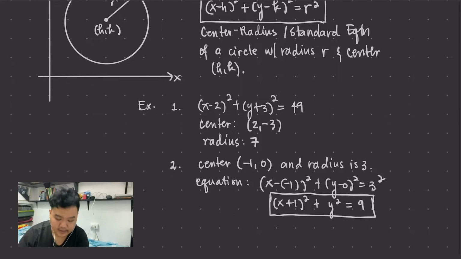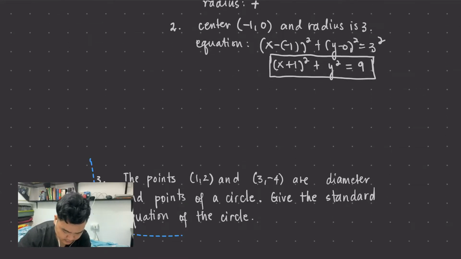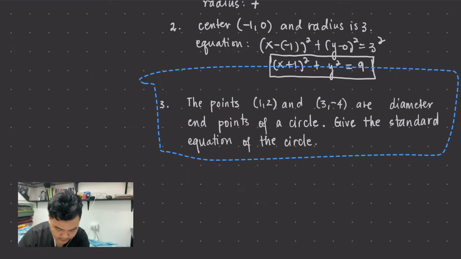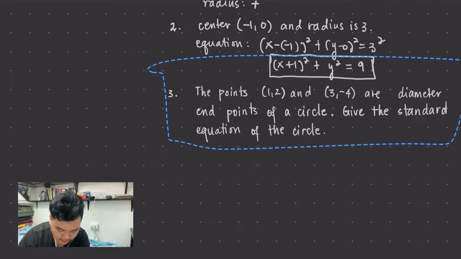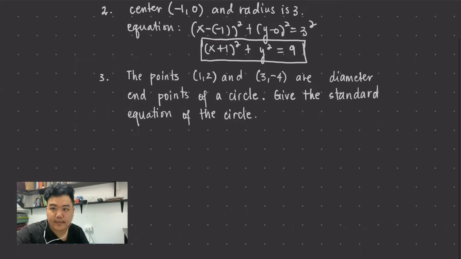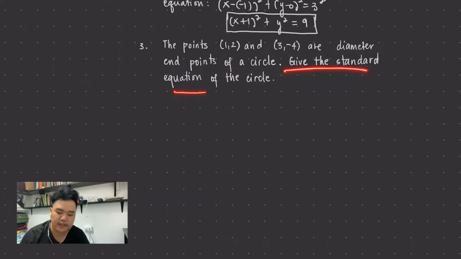And the last example for this video. The points (1, 2) and (3, negative 4) are diameter endpoints of a circle. Let us give the standard equation of the circle.